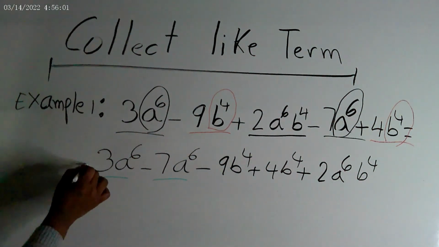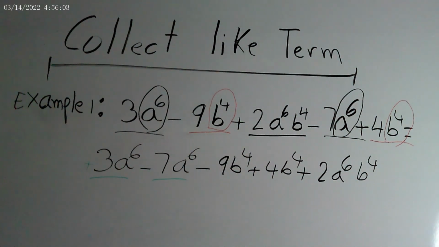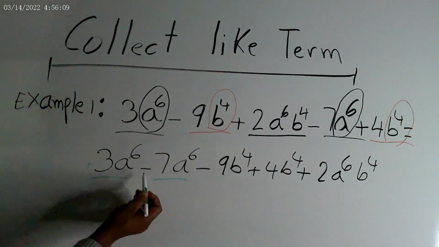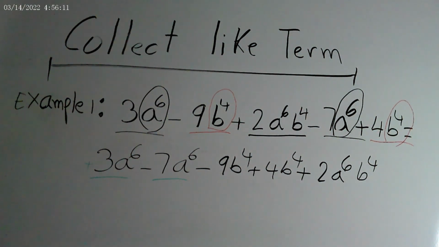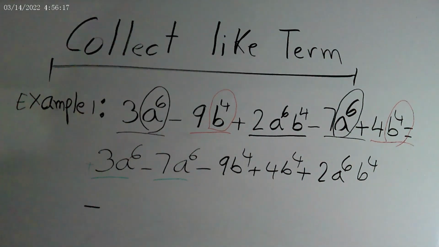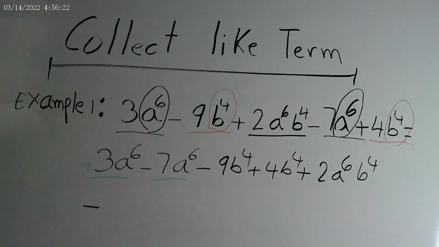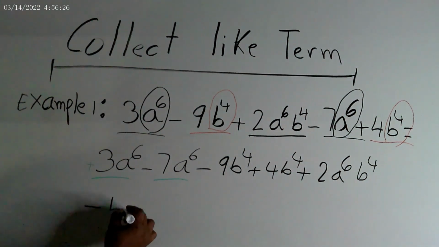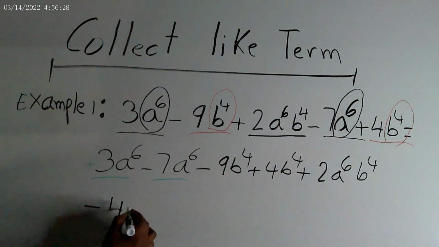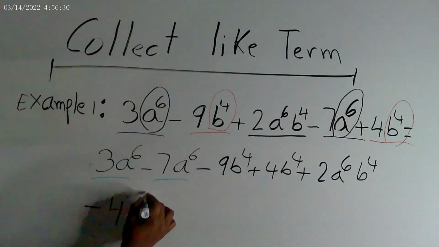It looks like you have a plus here and a minus here, so you keep the sign of the biggest number, which is minus. So we're going to do subtraction. 7 minus 3 is 4. And then you keep the a to the 6th.